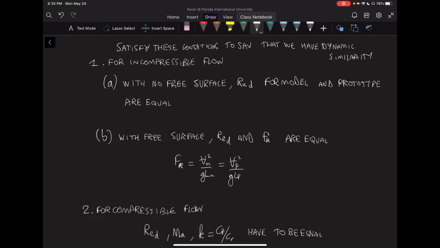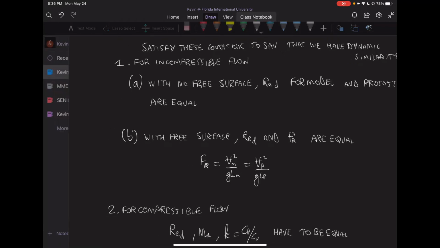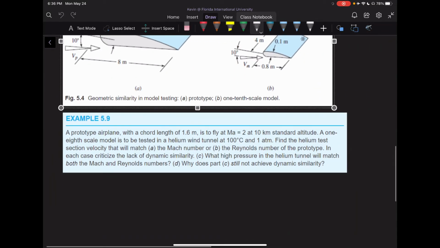So why don't we do an example and try to figure out if an experiment can actually make sense in terms of doing an experiment at a smaller scale. We're going to be doing example 5.9 from your textbook. I'm going to copy over the question.